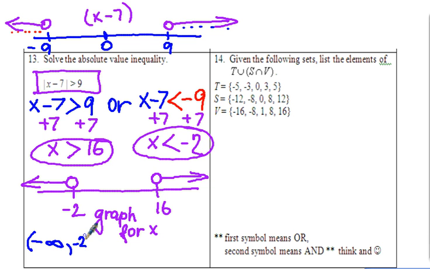Negative 2 is not included, so it will be soft parentheses, union, and then a soft parenthesis, 16, and all the way to positive infinity. Again, both infinities always have soft parentheses. So we have done 13. We have done even more than we were asked to, but I believe it's a great review.